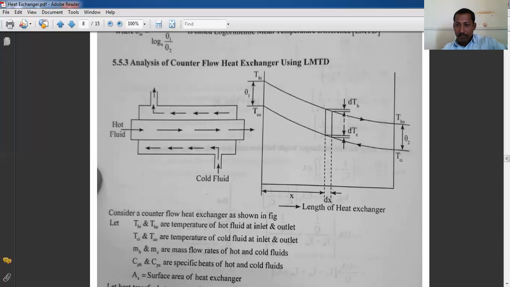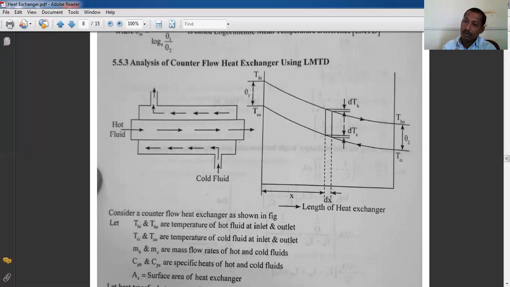Okay. Now, we are considering an element dx. dTh is the temperature difference in the hot fluid, and dTc is the temperature difference in the cold fluid. Now only the theta 1 and theta 2 values will be changing.